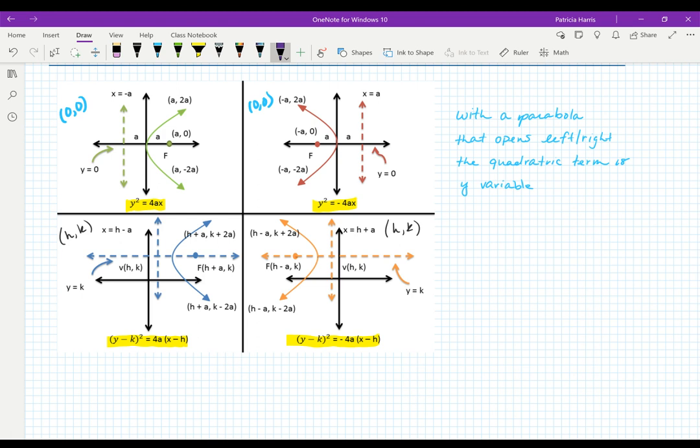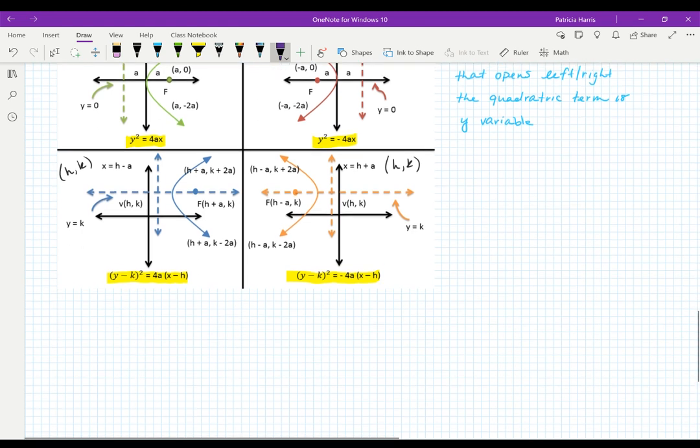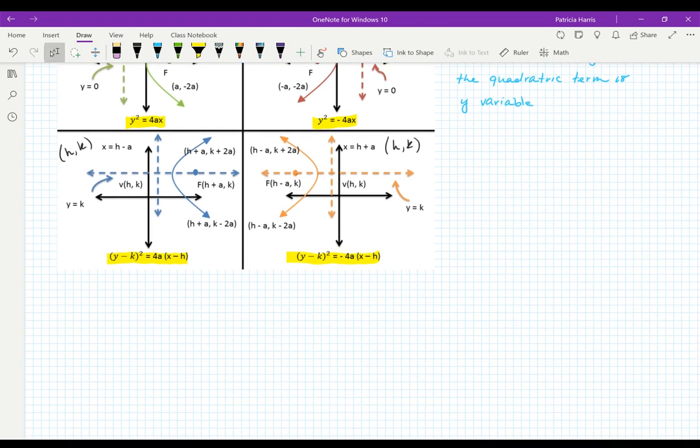So it flip-flopped. Now, just so you are aware, this A should be a P. So let's change that to a P because we use P in Edgenuity. Doesn't make too much of a difference, but just kind of keep it consistent.